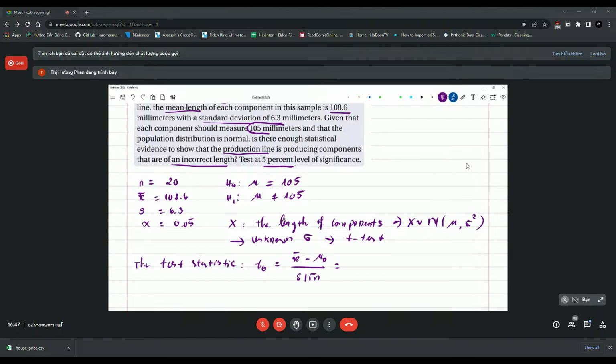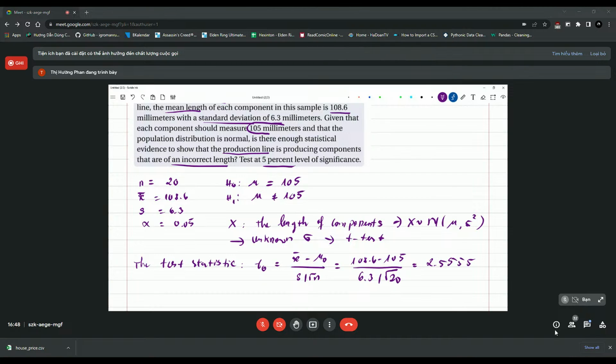X bar we have 108.6, minus mu 0 is 105, over S is 6.3, square root of n is 20. Okay, now please use your calculator and tell me the value of T0. T0 is 2.56. Okay, thank you. Oh, no. That's 2.555.